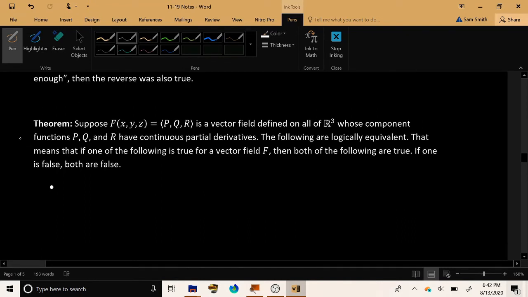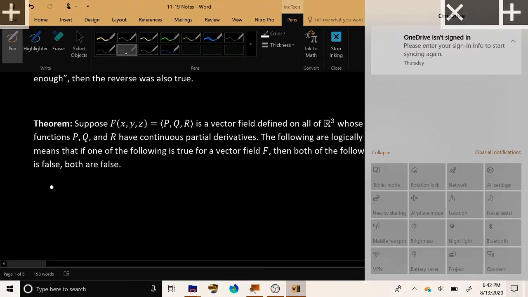And there is a similar equivalent in 3 dimensions, and a way to use the component functions p, q, and r to determine whether or not your vector field is conservative, if it has a potential function out there somewhere. And so this theorem is about that criterion.